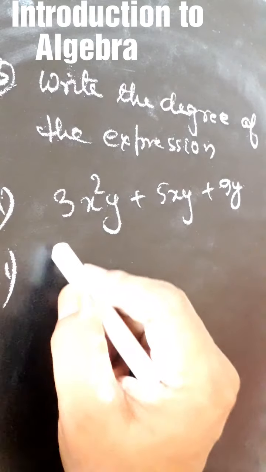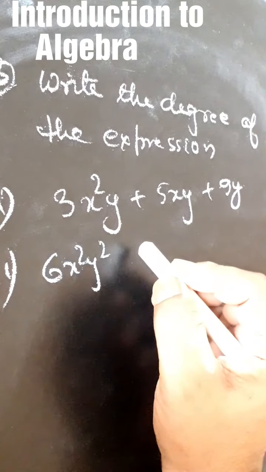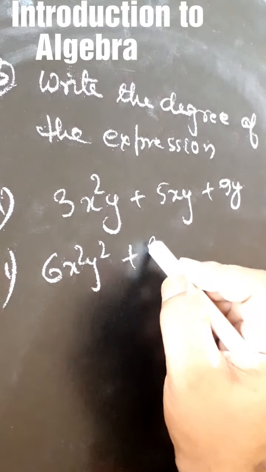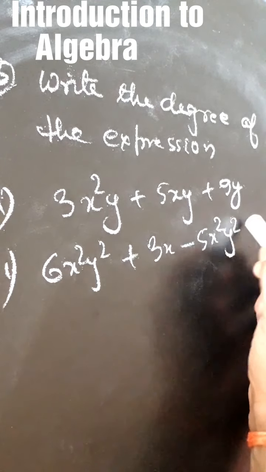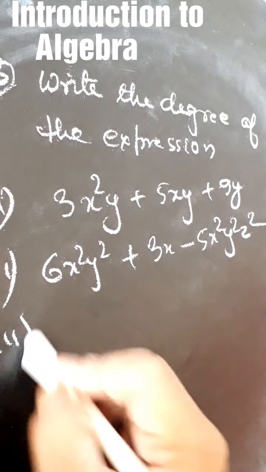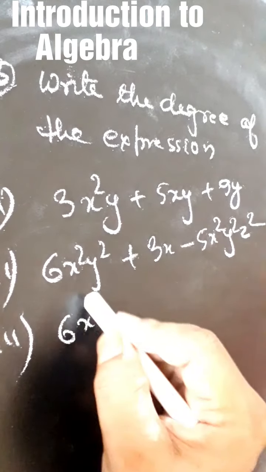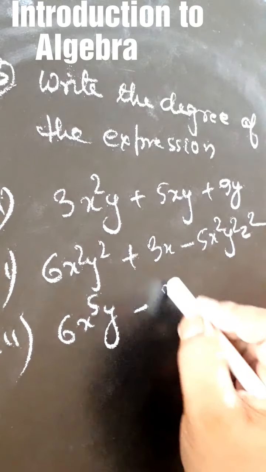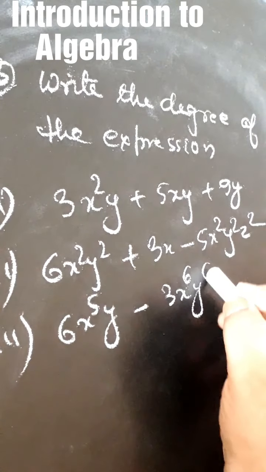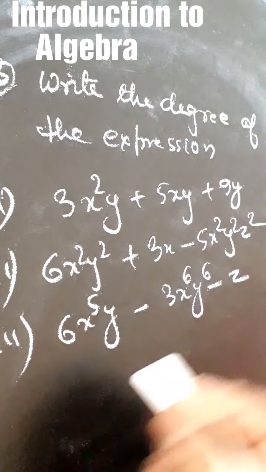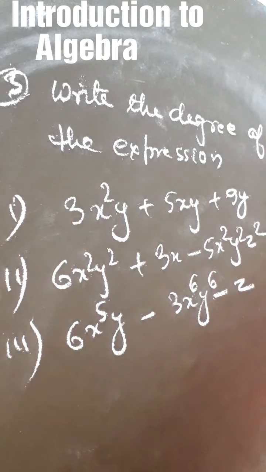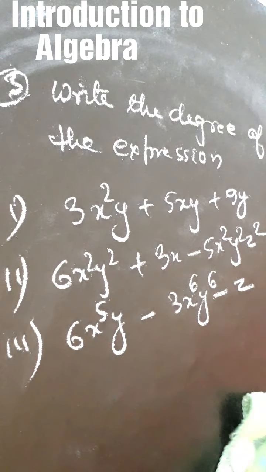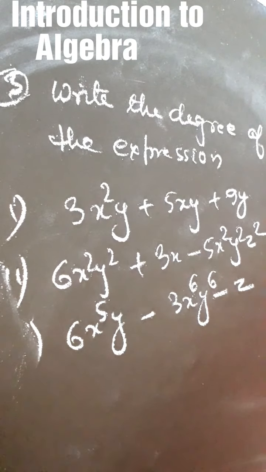Second expression is 6x square y square plus 3x minus 5x square y z square. Third one is 6x to the power 5 y minus 3x 6 y 6 minus z. These are the three expressions in which we have to tell the degree of the expression. Now only this much.